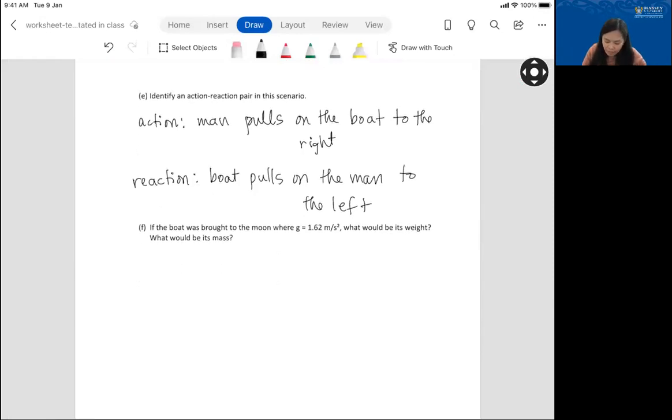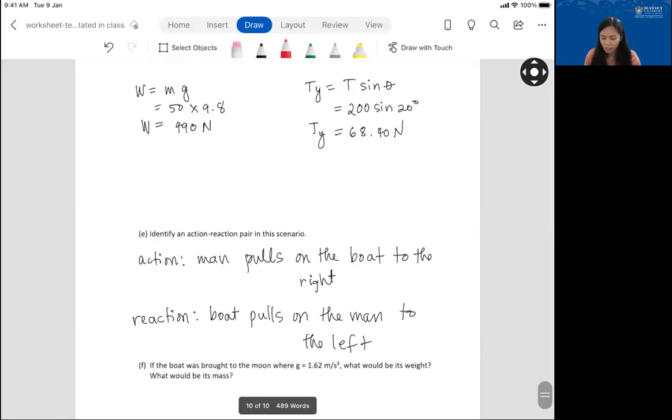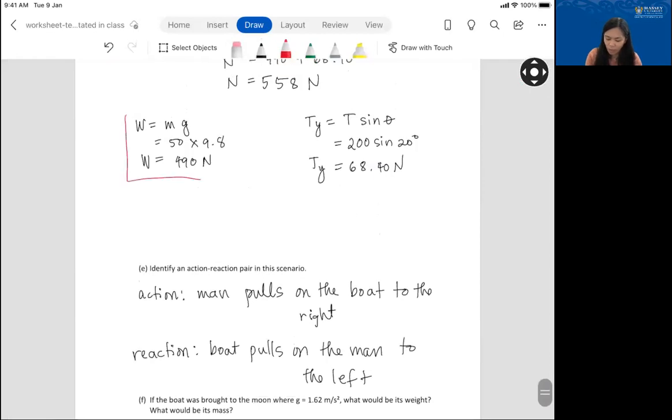Right. And finally, if the boat was brought to the moon, where g is 1.62 meters per second squared, gravitational acceleration g, what would be its weight and what would be its mass? Okay. Right. So differentiating between weight and mass. Earlier, we calculated for the weights of the boat here.